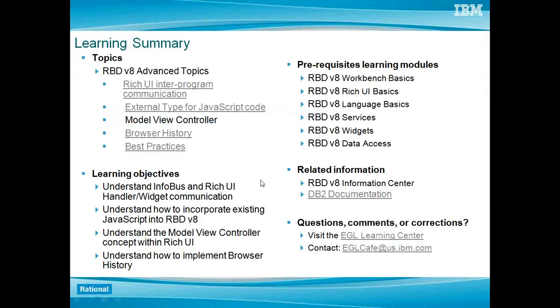Here we are going to learn about rich UI inter-program communication. For example, we have multiple rich UI handlers, maybe 10 or 20. How can we trigger one handler to say that on handler 1 or handler ABC, we have changed some value?